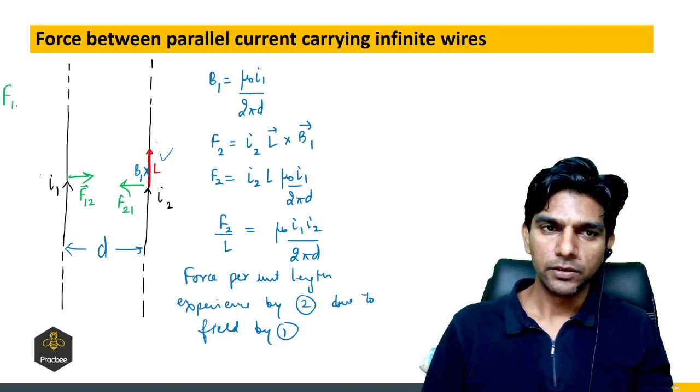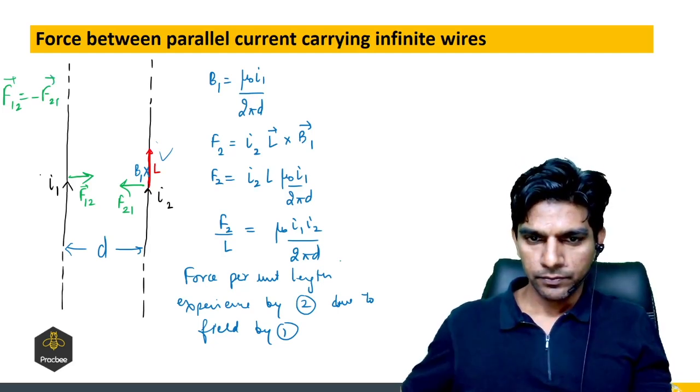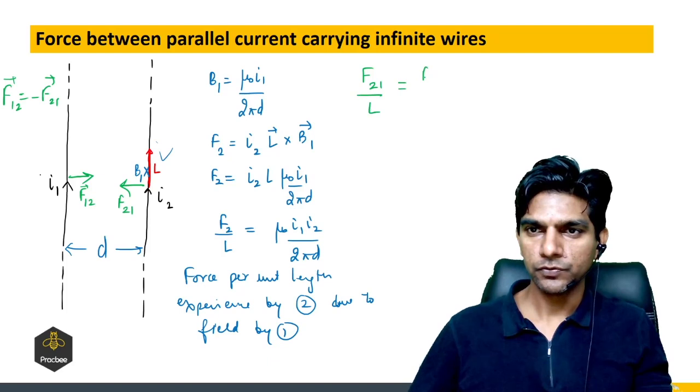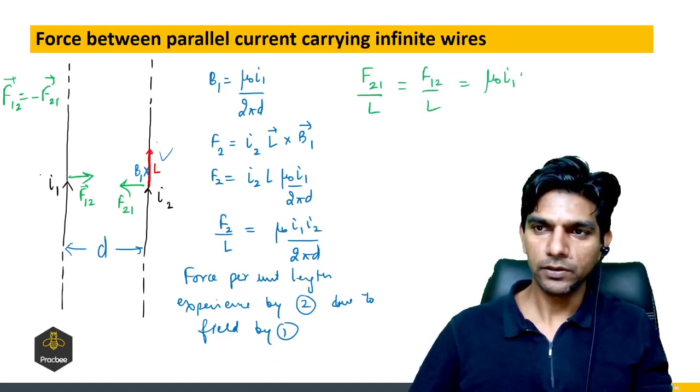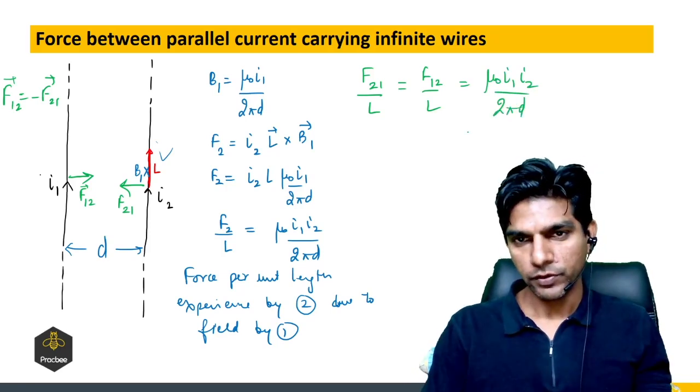So F12 will be negative of F21, equal and opposite. So we can say force on 2 by 1 divided by L should be equal to force on 1 by 2 divided by L, and both will be equal to mu naught I1 I2 upon 2 pi D. Right? So now we know this concept.